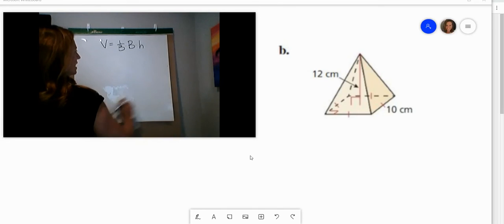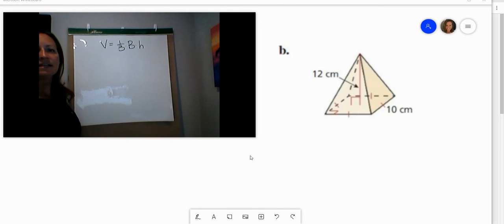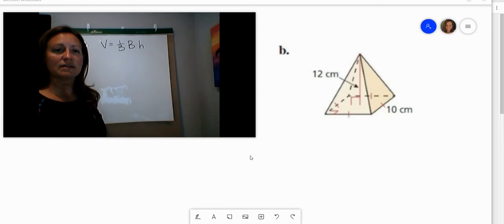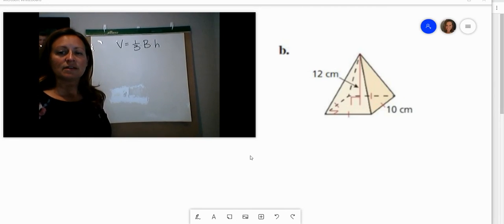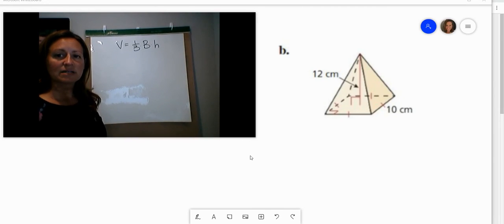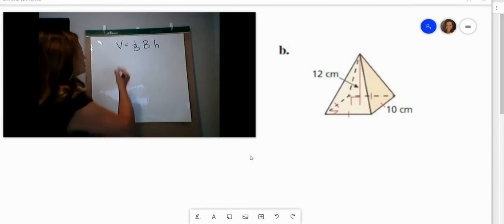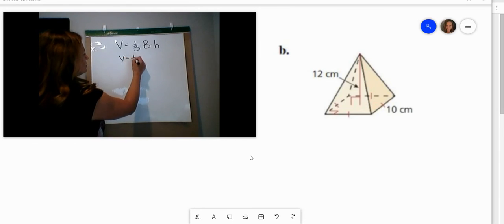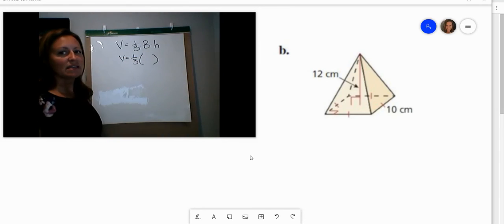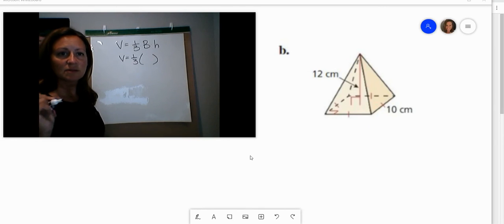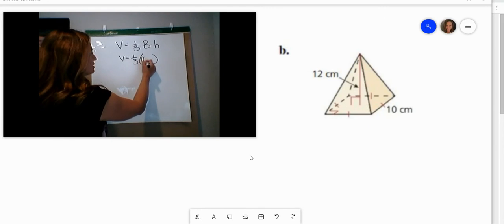And the very last example for today is a square pyramid. You can tell the base is square because there are little red marks showing the equality of all 4 sides. So the area of that base is just going to be 10 times 10, or 100.